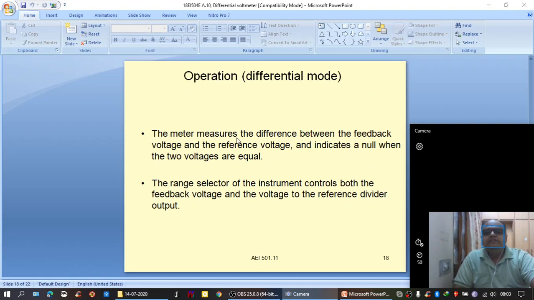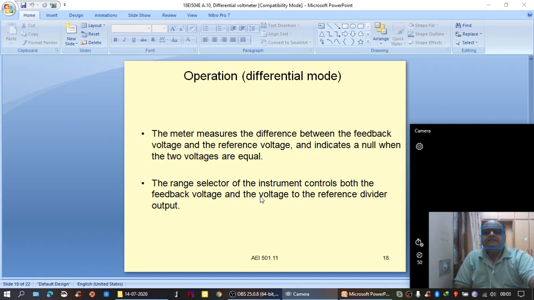The meter measures the difference between the feedback voltage and the reference voltage and indicates a null when the two voltages are equal, right? When the two voltages are equal.